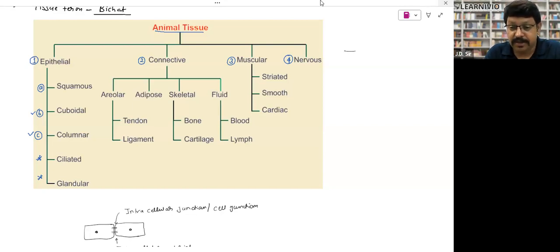By the way, there is no anatomical difference in the skin of male and female. The only difference is that females have more adipose tissue than males. That's why their skin is smoother. Males have less adipose tissue in their skin, that's why their skin is rough.